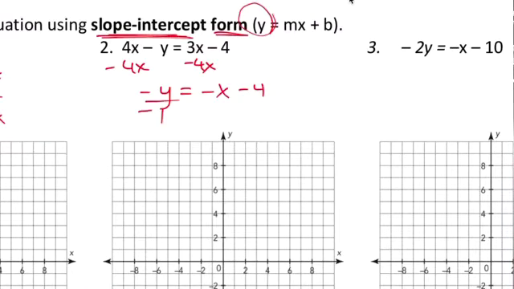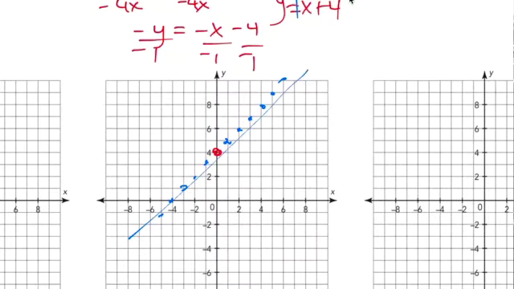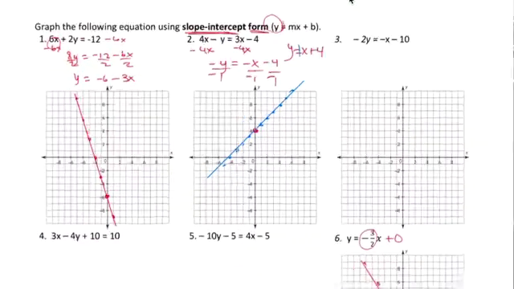And divide by negative 1. Now y equals x plus 4. Starting at 4, the slope is 1 here. It's 1 over 1. Okay, and go the other way. And that's how you graph those, right? Most of you know how to do this. So it's just more work.